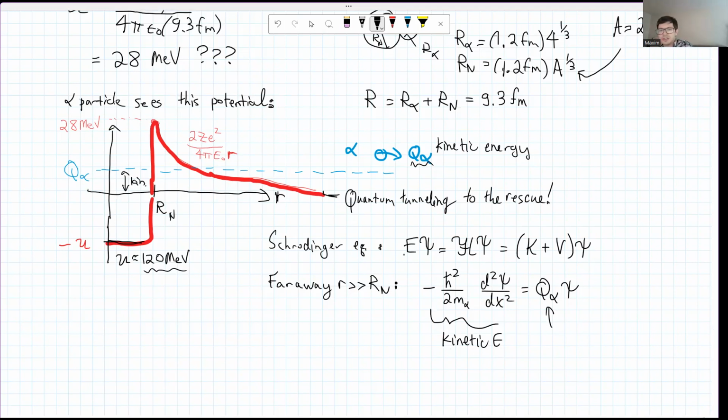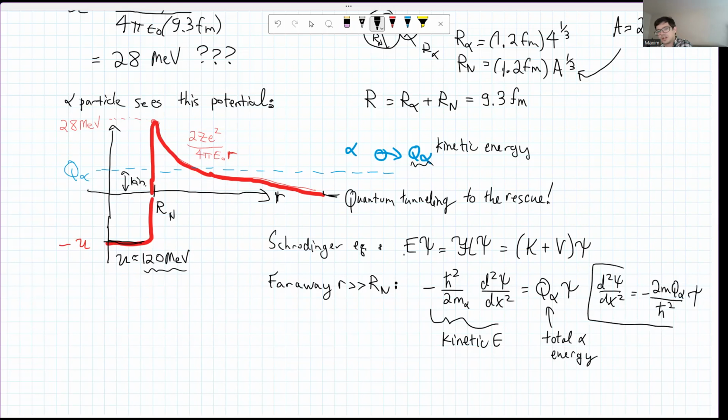We can rearrange this, and this is also the total energy. We can rearrange this to look like the following: d squared psi dx squared is equal to minus 2m Q alpha over h bar squared times psi. This is a differential equation.